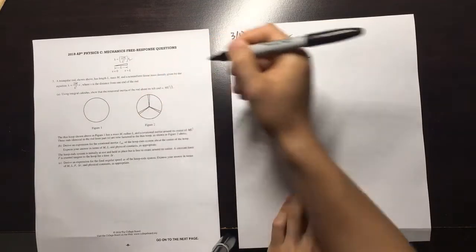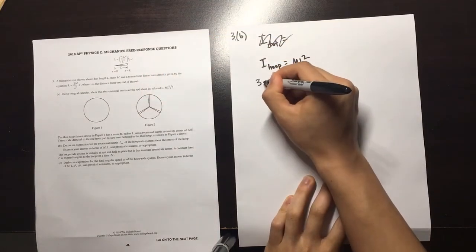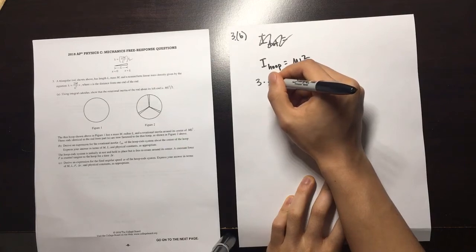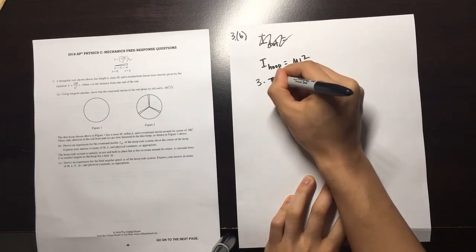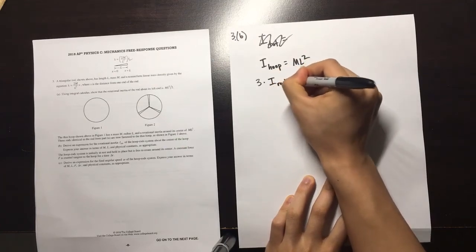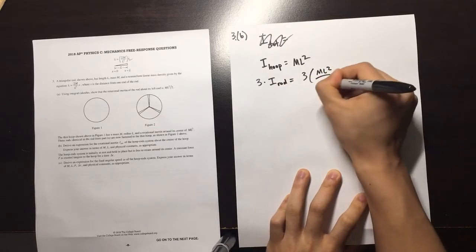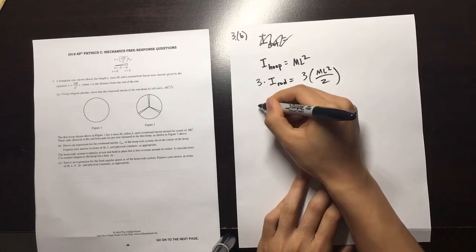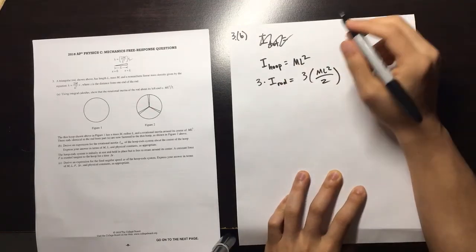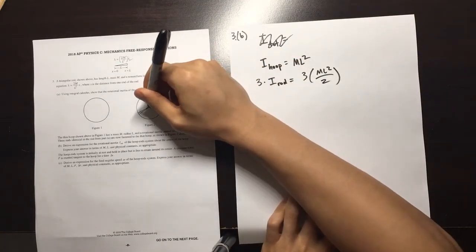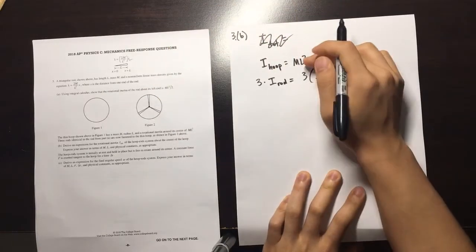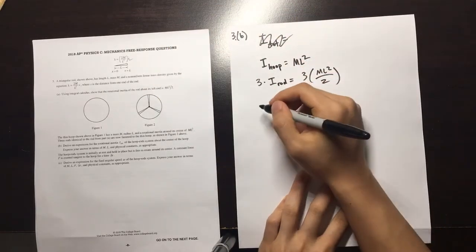So that means, using the parallel axis theorem, if I say 3 times the rotational inertia of a rod equals 3 times ml squared over 2, then the parallel axis theorem says the rotational inertia about this point is just the sum of all of these.